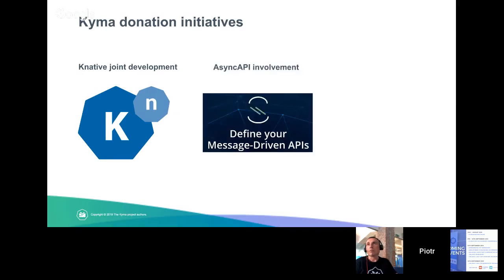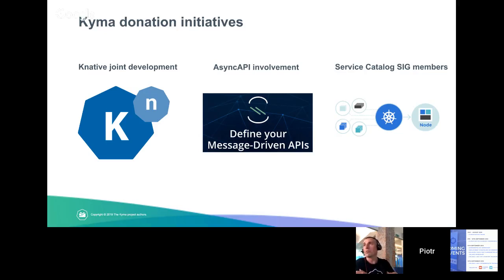We also contribute to the AsyncAPI specification. Our people are essential contributors there. And in the service catalog SIG from Kubernetes, we have our own members, and one of our colleagues is even a chair in this special interest group of Kubernetes, and is a member of the Kubernetes organization.